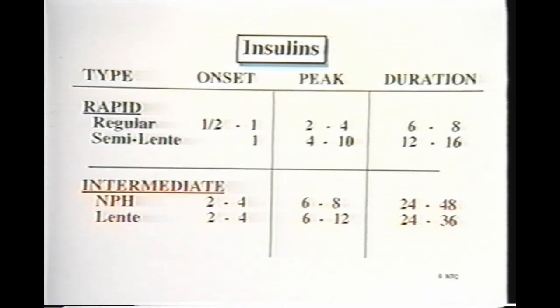And usually questions will use terms like mid-morning, mid-afternoon, rather than pinning you down to an exact hour, because the variations will depend upon the exercise and what the patient's eating and so forth. So the mainstay of treatment for type 1 diabetics is going to be insulin. They also will be on a diet.